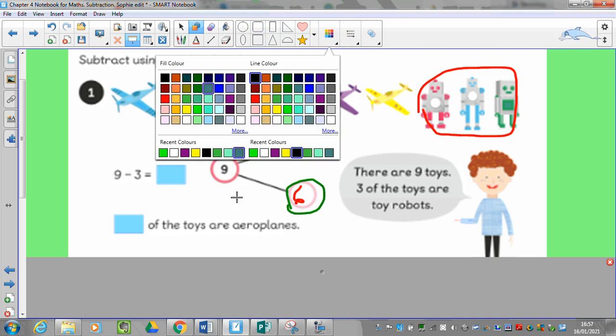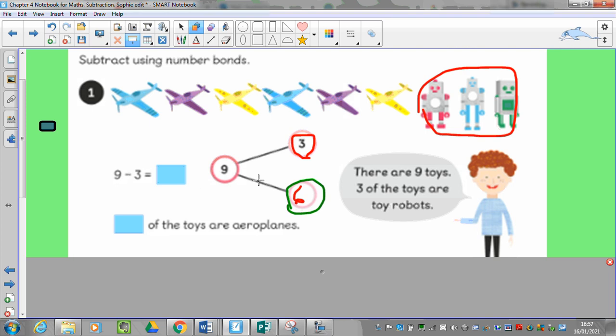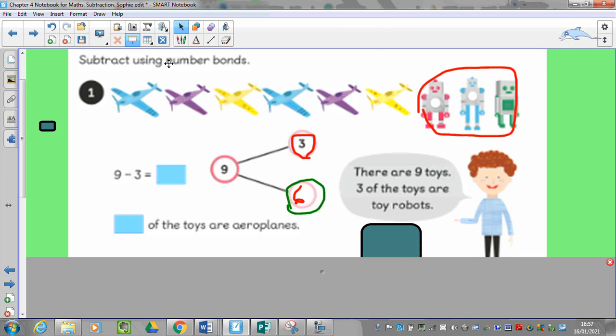Sorry, I'm being a bit slow. Fabulous. So let's write that in together. 9 take away 3 equals 6. Lovely. So how many of the toys are aeroplanes? 6 of the toys are aeroplanes.